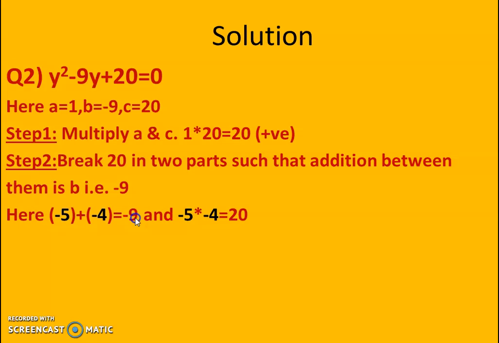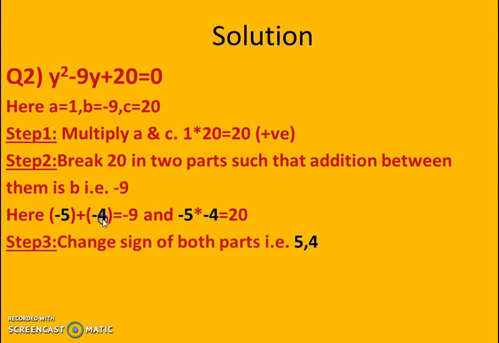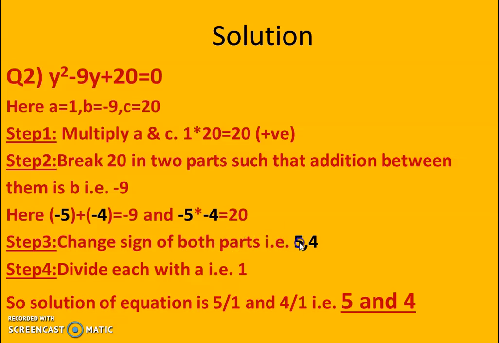So now we have two parts, minus 5 and minus 4. In the next step, we need to change the sign of these two parts, so we will get 5 and 4. Now here the value of a is 1, so we can skip the next step, since when we divide any number by 1 we get the same number. So step 3 will give the solution of the quadratic equation.